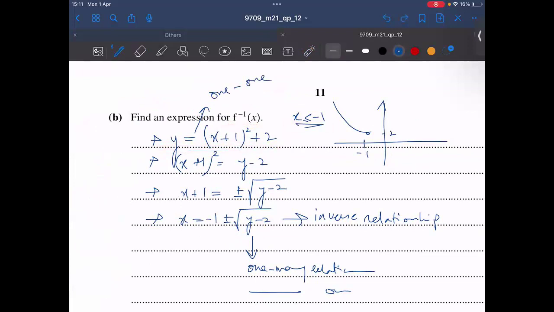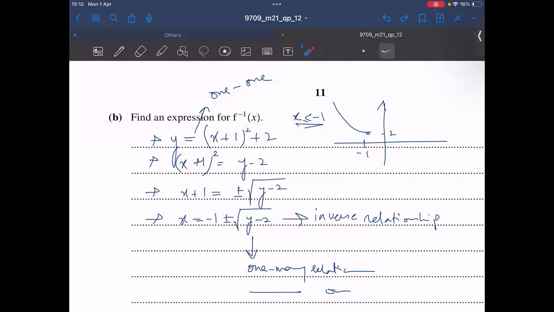And now, Iman, if you evaluate the inverse relationship, the inverse of a one-to-one relationship is going to be one-to-one. So for this domain, when I evaluate the inverse relationship, I'll omit either the plus or the minus. I'll be only having one.